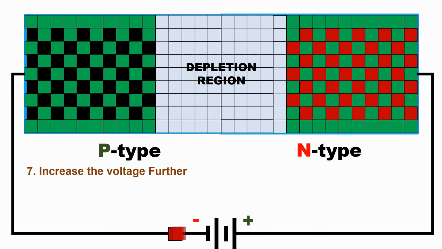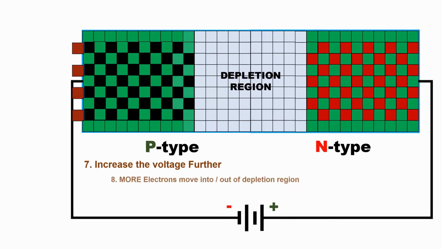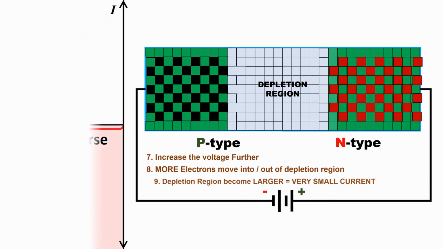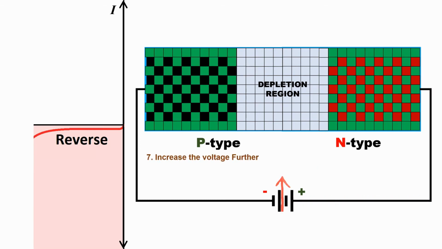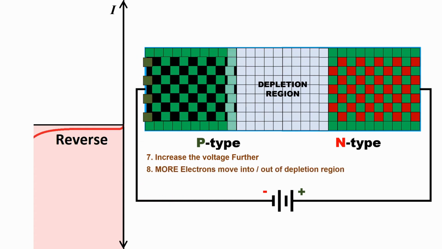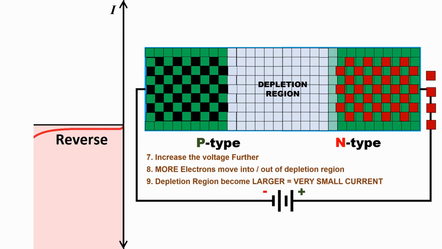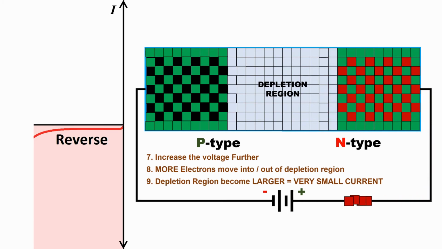In other words, no matter how large the voltage we supply and the depletion region gets bigger and bigger, there is no increment of current flow, and current stays at a very low value, almost non-existent, just like it doesn't conduct electricity.